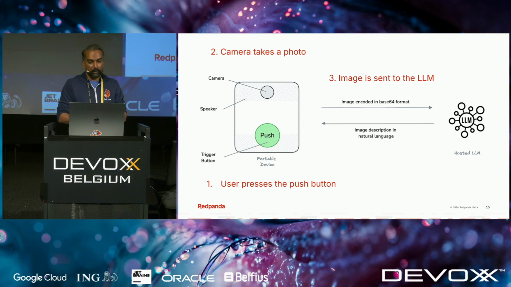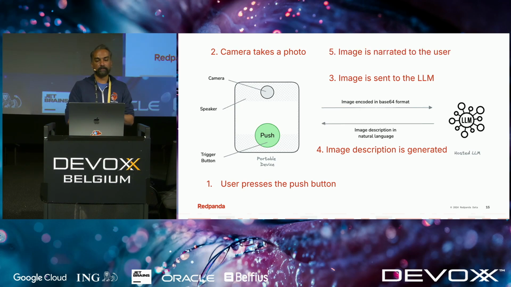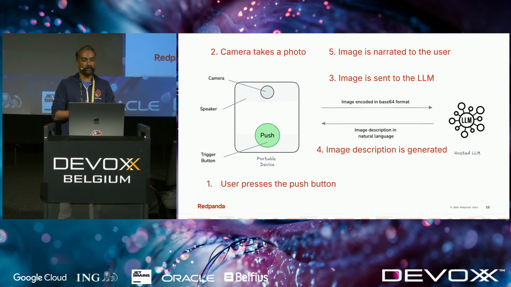And then the missing piece is that this text must be read aloud to the user. So the image description is generated, and the final step is that the description is narrated to the user using a TTS, or text-to-speech, module. That's the final piece of the puzzle.